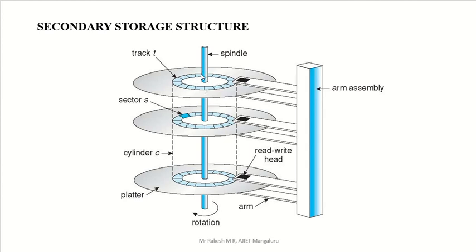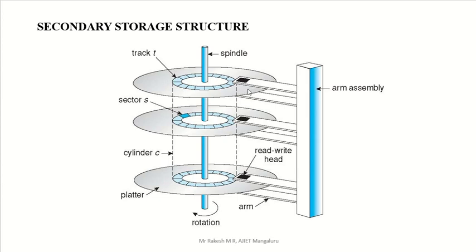Sector means, first we can go for the track. One disk here, this is a platter. One platter contains a lot of tracks. Track means, you can see here, this is one track. Like this we have a lot of round-shaped tracks in these platters. You can see this in a CD and DVD also.